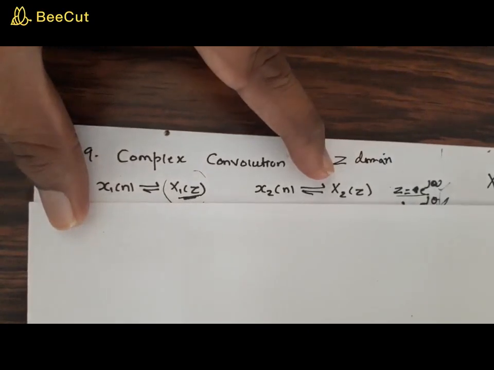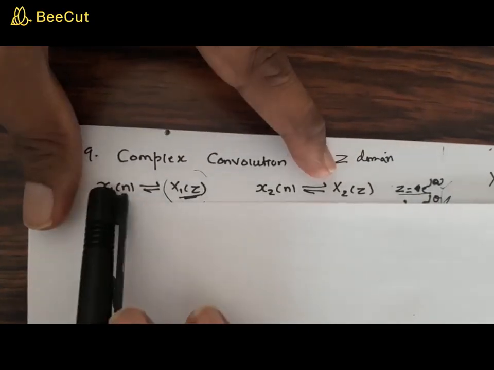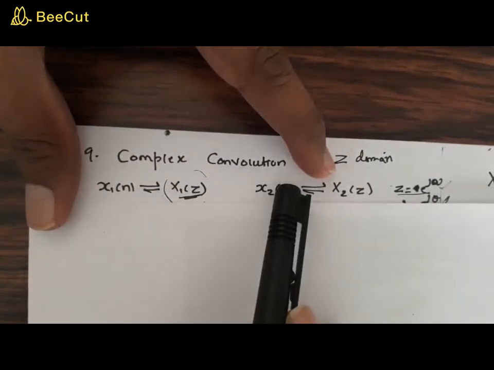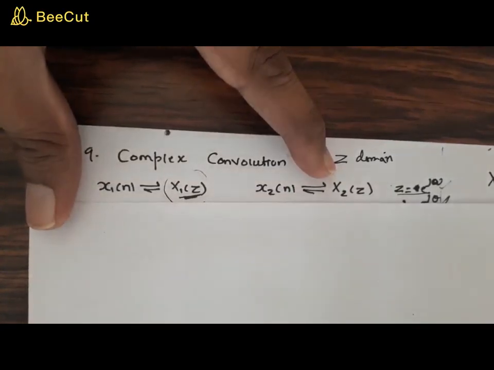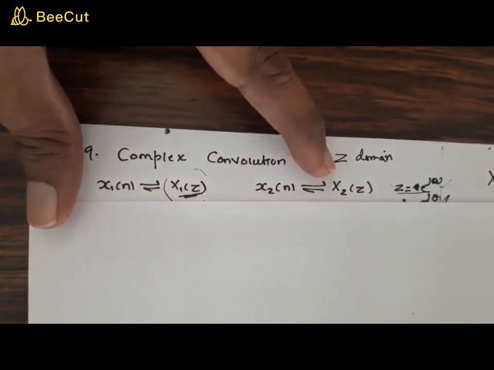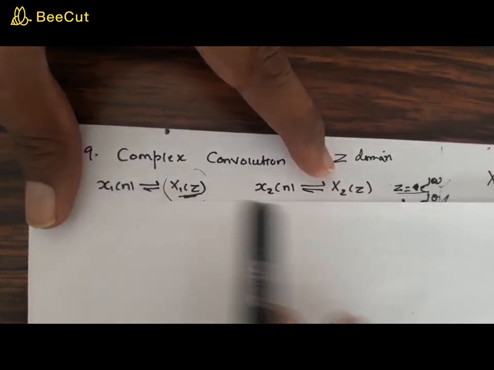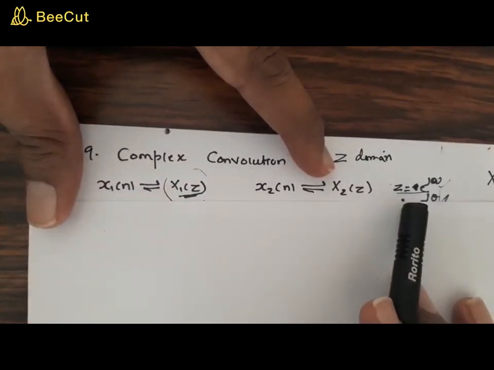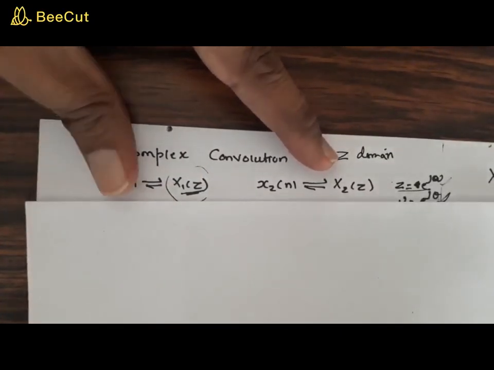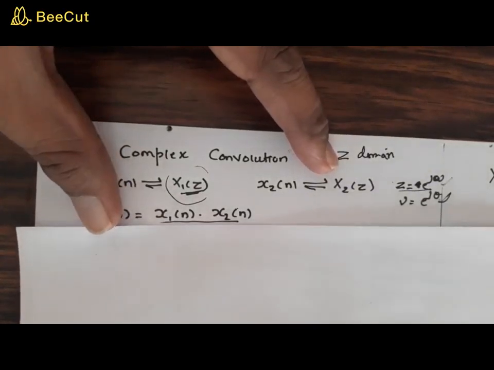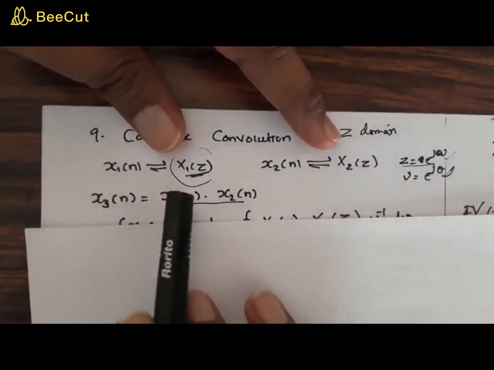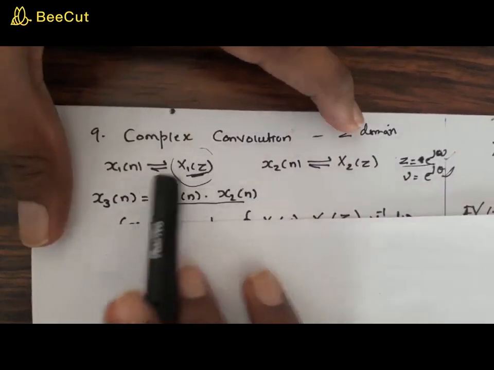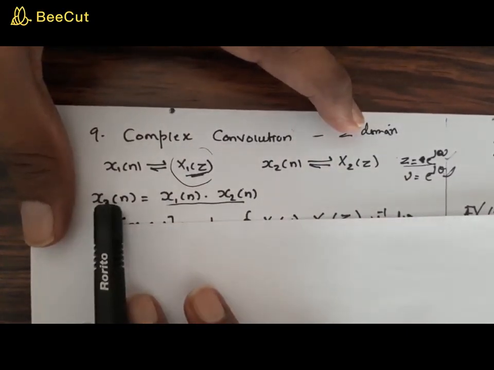Now it is the reverse, meaning you are taking the product of x1 of n and x2 of n. What's going to be the result? If it is a dual, then you must expect a convolution operation in the frequency domain. So that's what the complex convolution wants to talk about. Now it is x1 of n into x2 of n. So this product is going to be another time domain function.